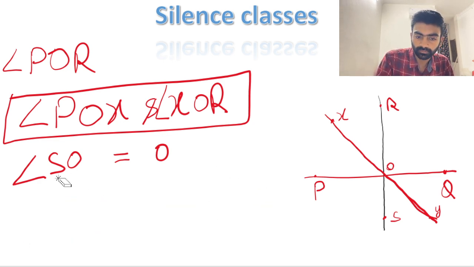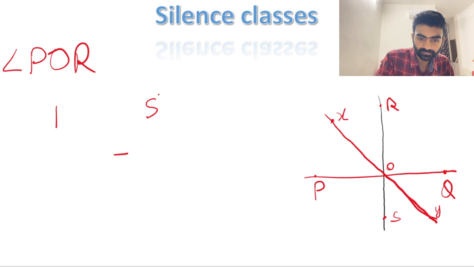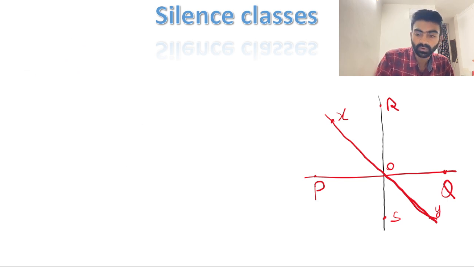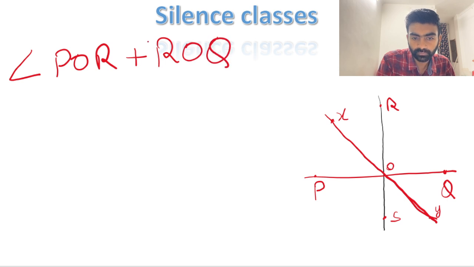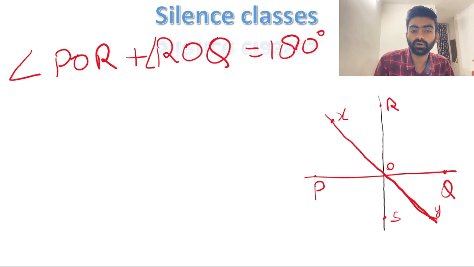So their sum is 180 degrees. We can write angle POR plus angle ROQ is equal to 180 degrees, that's why they are supplementary angles.